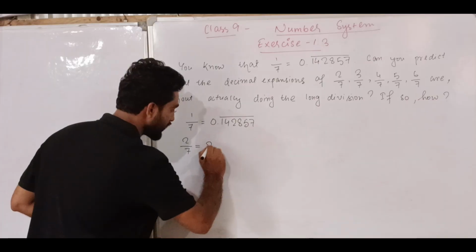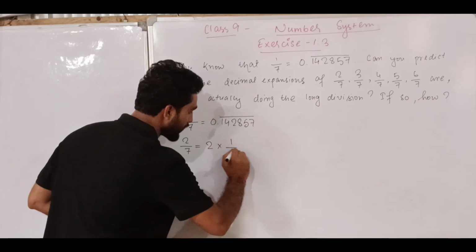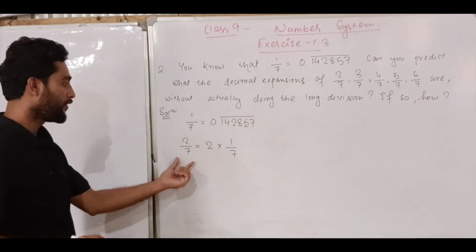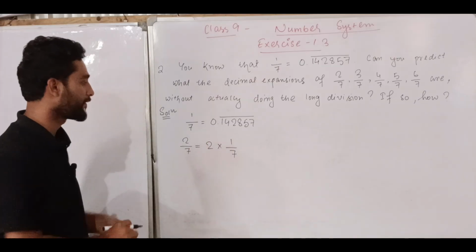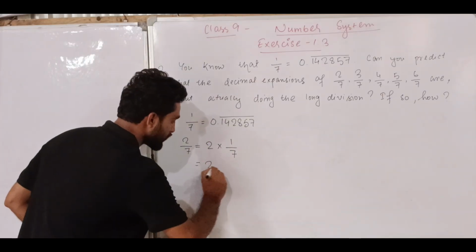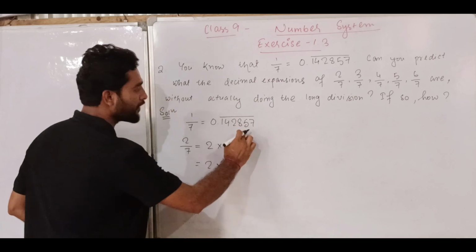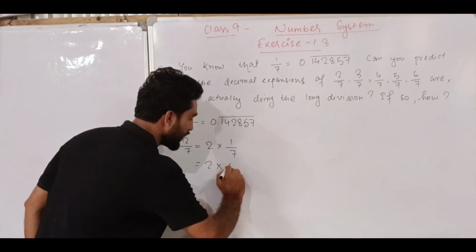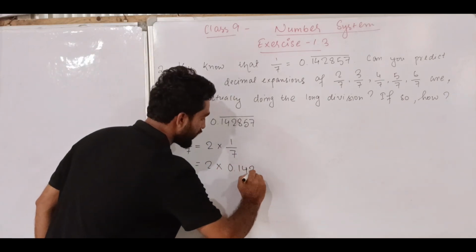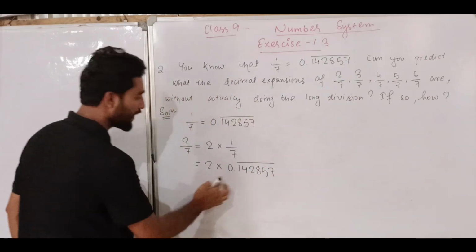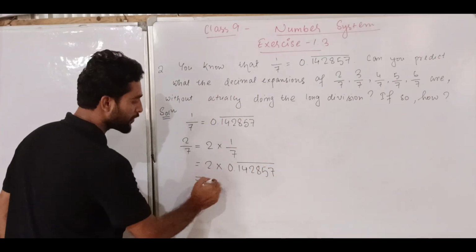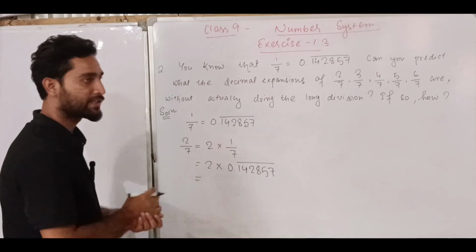How can we write this 2 by 7? 2 into 1 by 7. Obviously it can be written like this because 2 into 1 is 2 divided by 7. Now you see the value of 1 by 7 is already given in the question. What is given? 0.142857 bar. Now multiply this value with 2 and we will get the decimal expansion of 2 by 7.